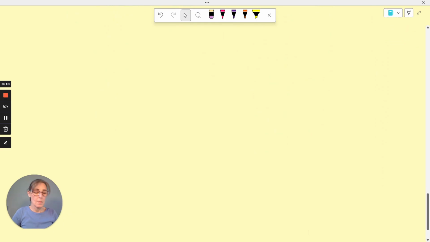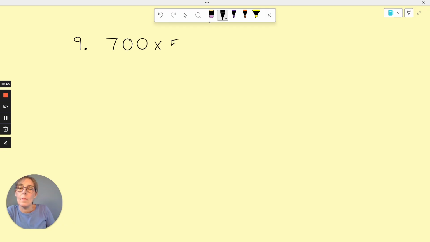And let's do number 9. So I'm going to use black actually. There you go. Right, so we're going to do 700 multiplied by 50. And this can be confusing, but it is much, much easier.